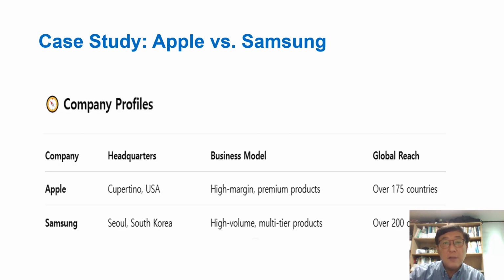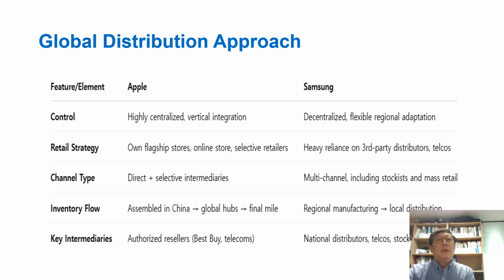And lastly, a case study: Apple and Samsung phones. As you know, Apple is from the USA and Samsung is from South Korea. Both have high margins, premium positioning, high volume, and multi-tier distribution in over 175 to over 200 countries. In terms of control, Apple is highly centralized with vertical integration, while Samsung is rather decentralized with flexible regional adaptation.